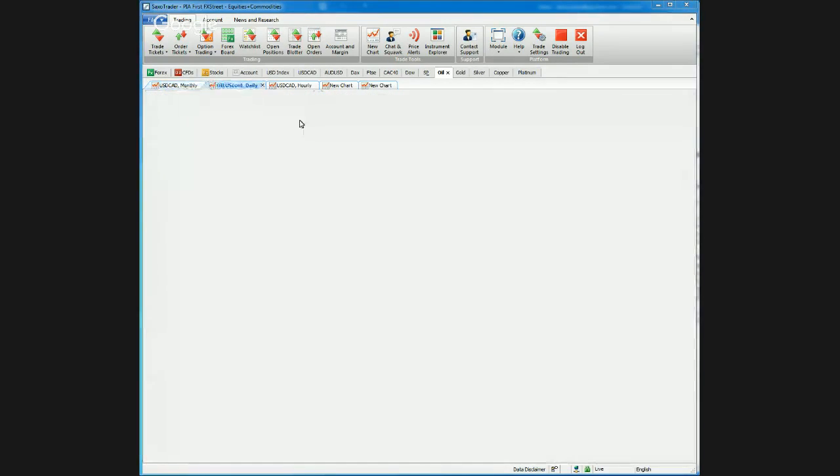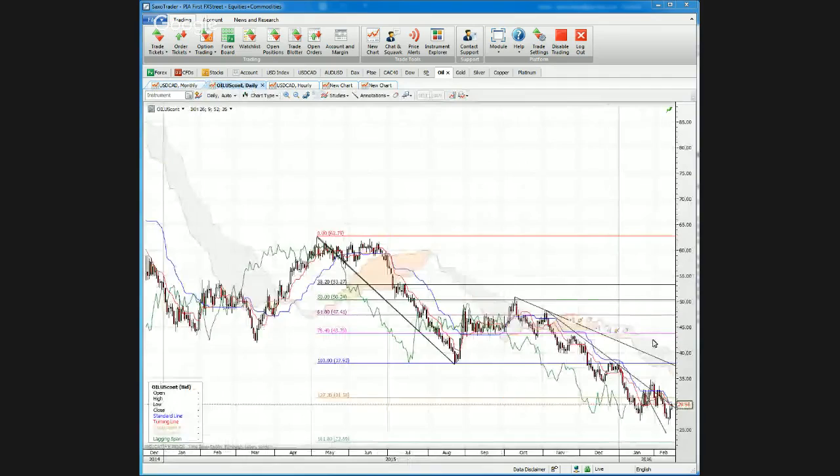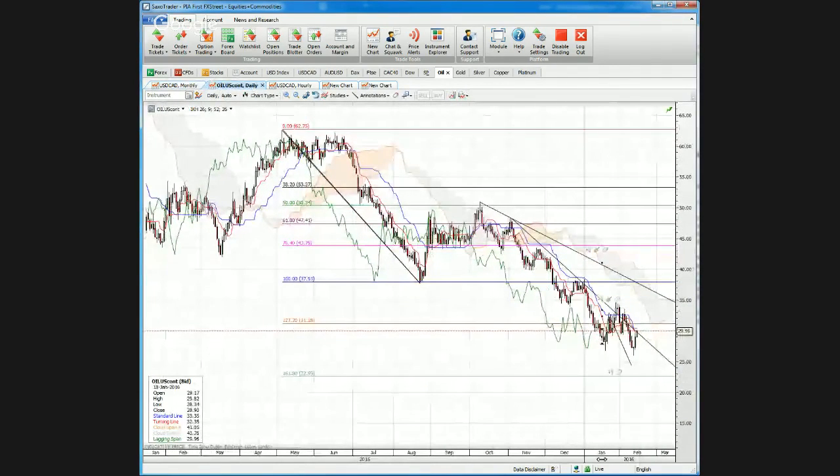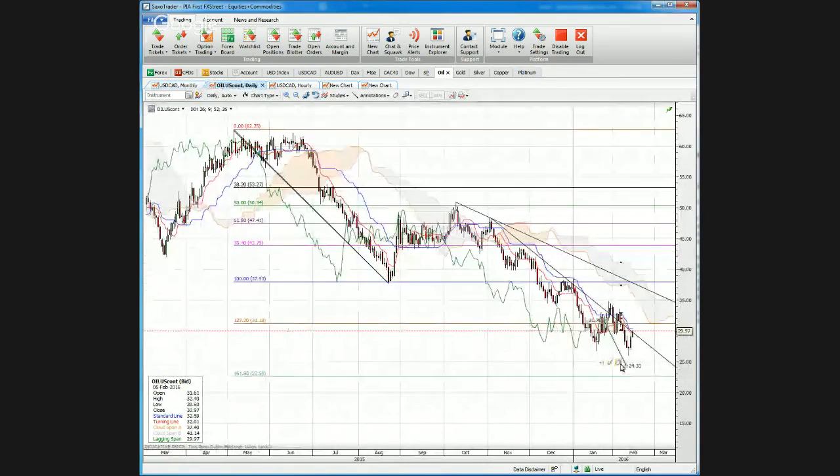So we keep an eye on that, because obviously they're correlated. It's good to see how markets are reacting. You see a technical setup in oil, then you might have missed the ideal place to get in, but there might still be an opportunity in dollar CAD from a selling perspective.